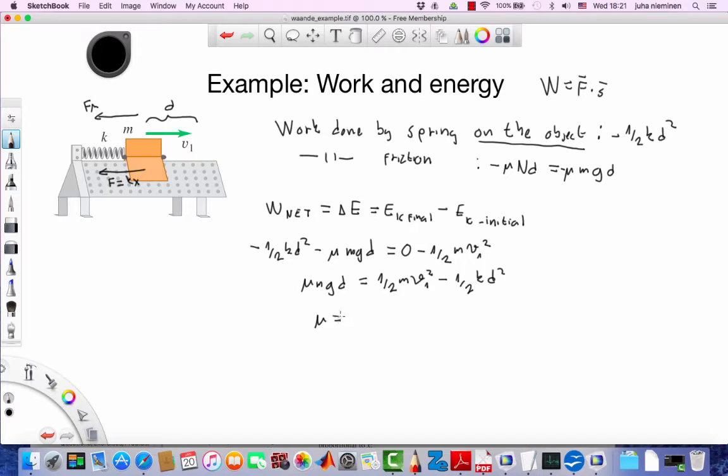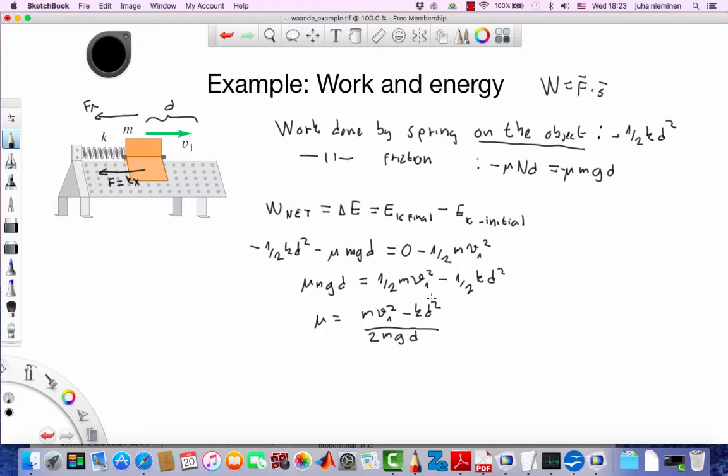And mu is (m v1 squared minus kd squared) divided by 2mg d.